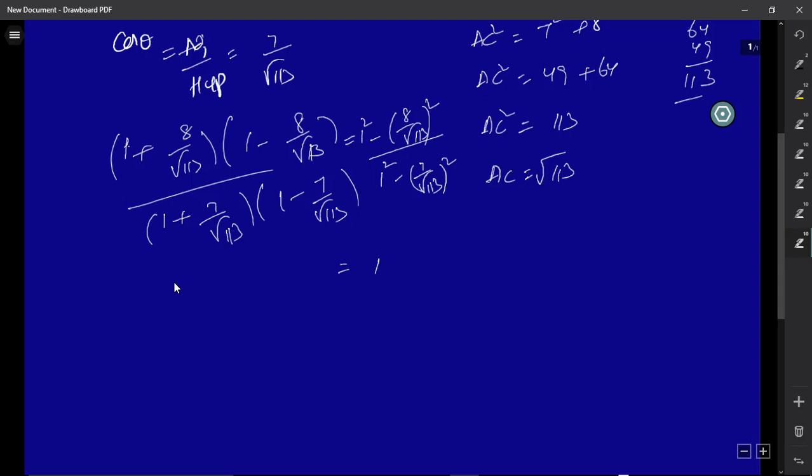Okay, so 1 square is 1, 8 square is 64, square and square root get cancelled, I get 113 here. 7 square is 49, square and square root gets cancelled here, I get 113 here.